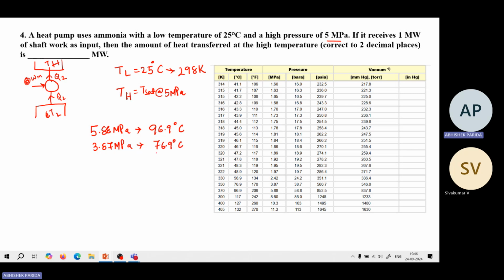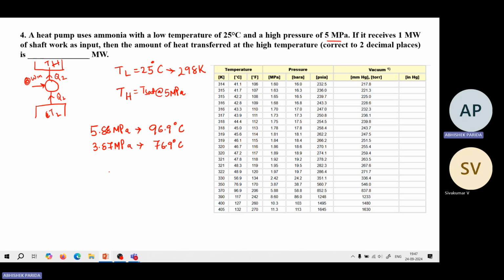Now, as I already discussed the interpolation in the last class, using that we can find out the saturation temperature for 5 megapascal.